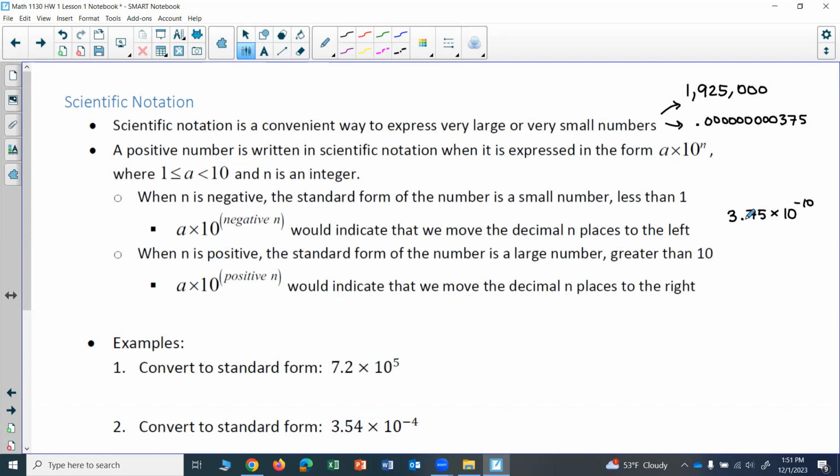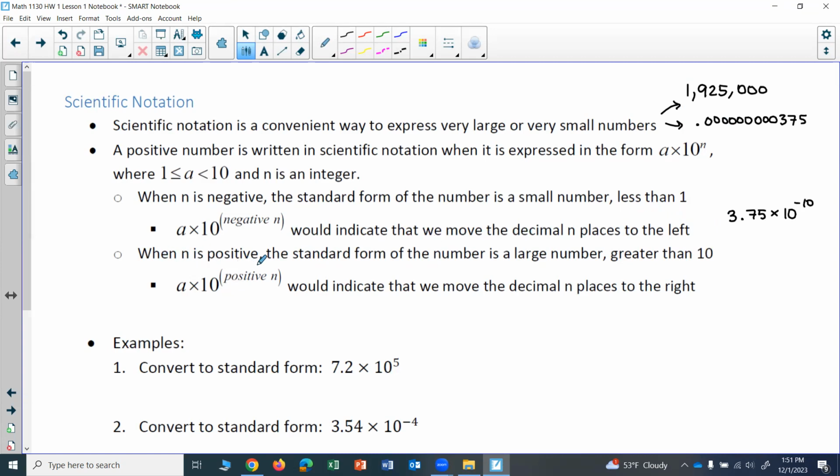To write this in standard form, I would take that decimal and move it to the left however many places I have in the exponent here. And that would actually be equivalent to this number. I would fill in with zeros for any of the blank spaces after I move the decimal.